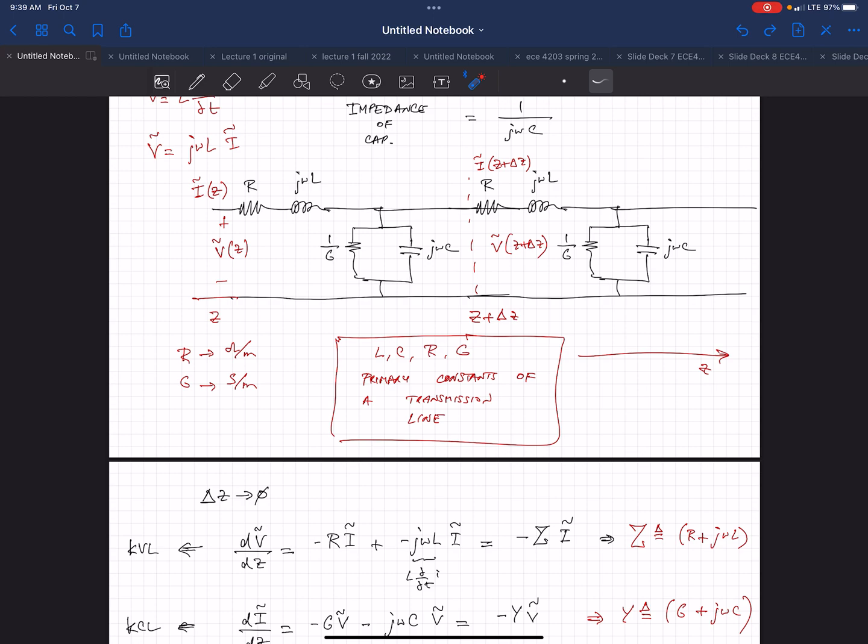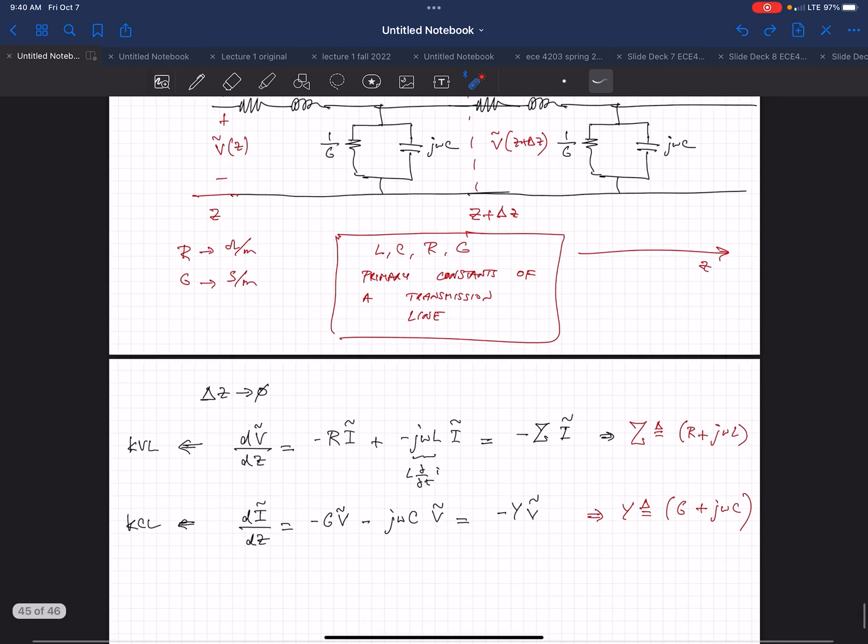Now I'm talking about what happens if the transmission line is lossy. So I'm back to just looking at small sections of the transmission line in the middle. Are you guys good with that? So back to the lossy transmission line.